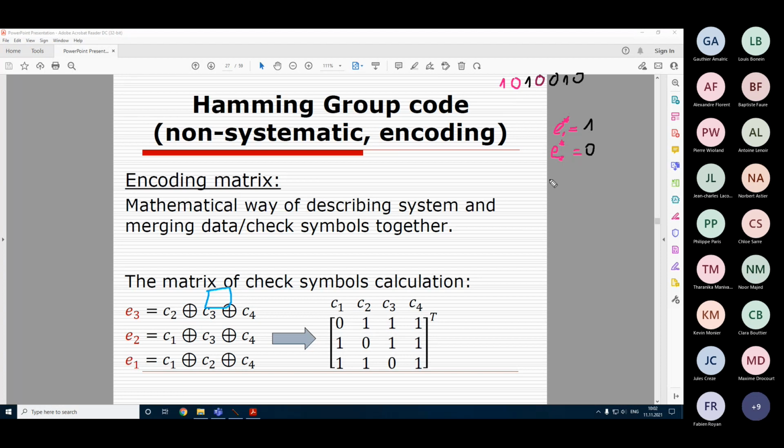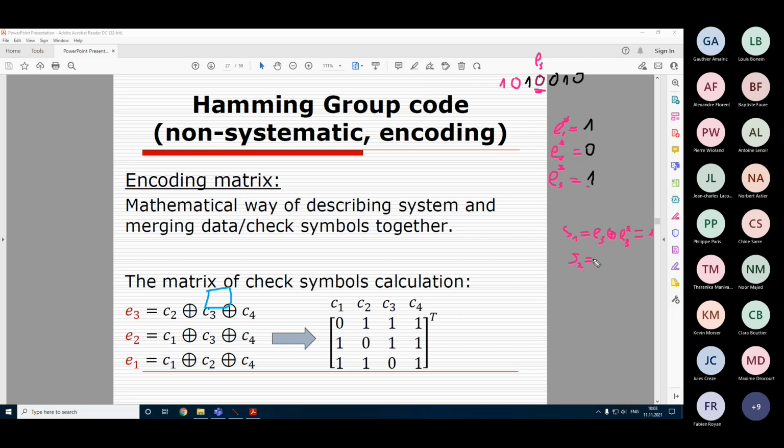Now, however, when we calculate E3, by using this equation, we'll get C2 is 0, C3 is 1, C4 is 0, which gives us 1, and we can already see that E3 is different. So syndrome 1 is actually E3. What we have received is this 0, plus E3 what we have calculated again, which is 1.